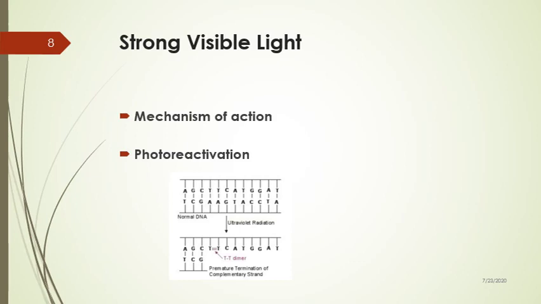The same process is reversed when the DNA is exposed to visible light: the thymine bonds are broken down, and the DNA completes its normal replication process. This recovery process due to exposure to visible light is called photoreactivation.